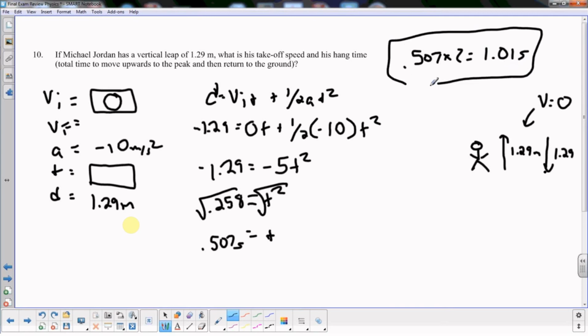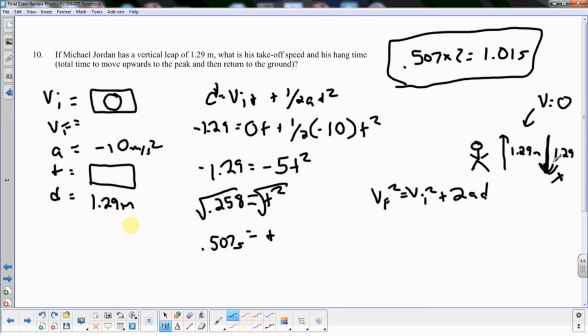What was his takeoff speed? Well, that's pretty easy too, because you can treat it as a free fall and you can figure out his final velocity. So VF squared equals VI squared plus 2AD. We're looking for his final because that's what he's hitting the ground with. We know the distance is negative 1.29 meters.